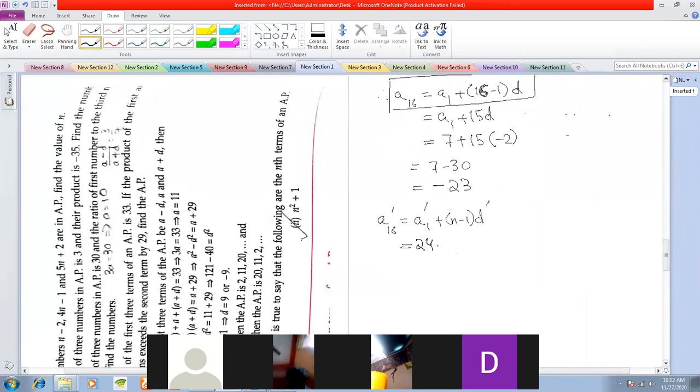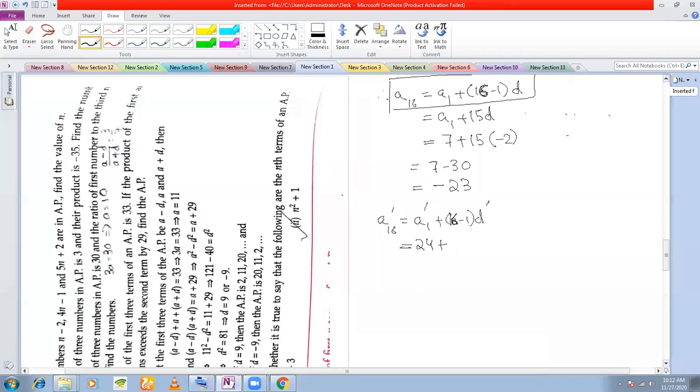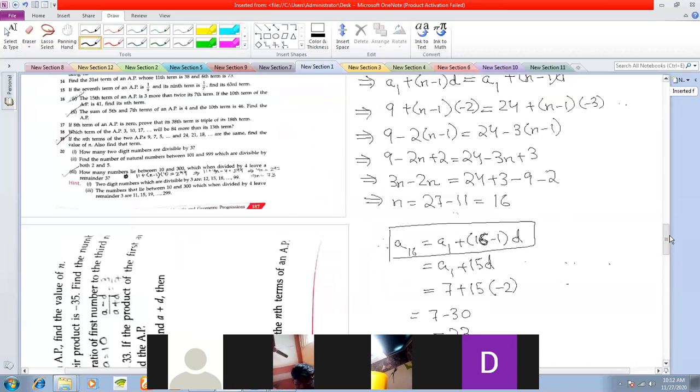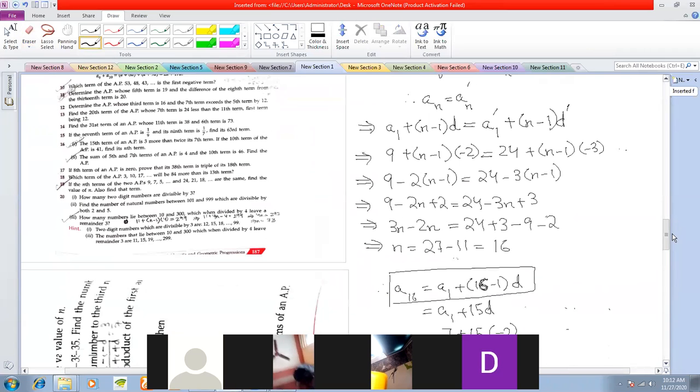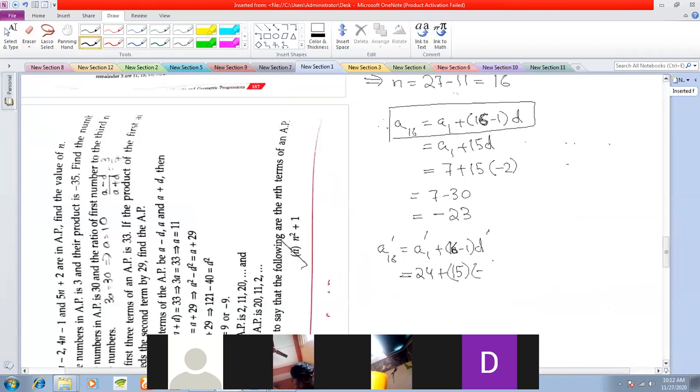So 24 plus 16 minus 1, that is 15, into D dashed. What is the common difference of the second AP? 24 minus 21, which is minus 3. You simplify this, and you'll again get the same value. So either you work out A16 this way, or you can find A16 dashed in this way. Because they are equal, you will get the same answer.